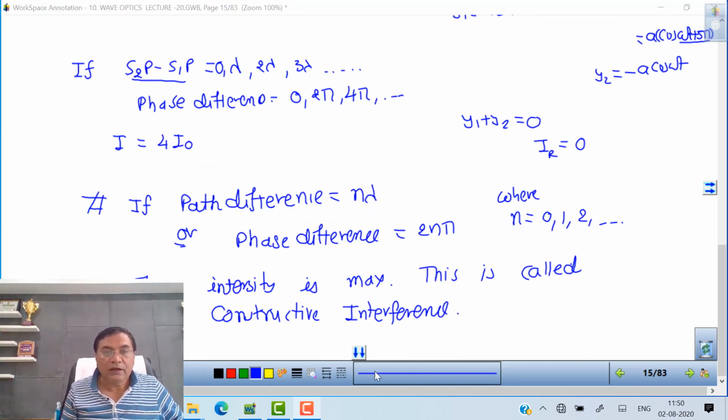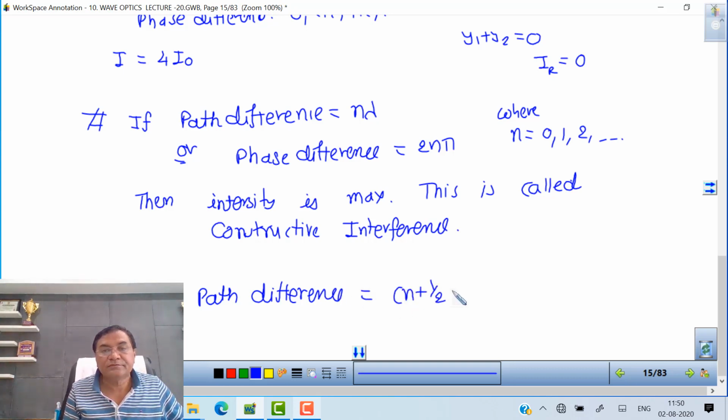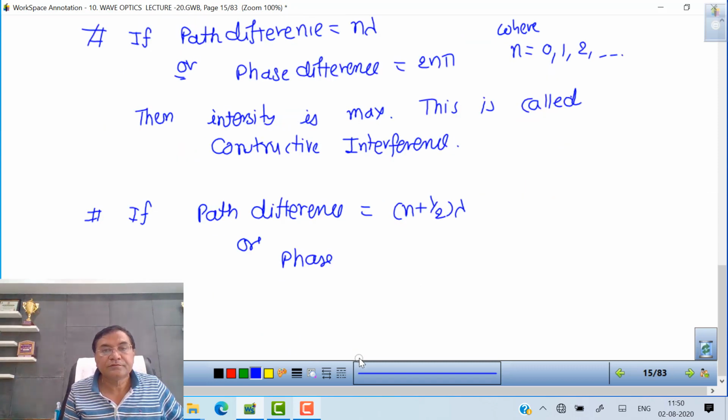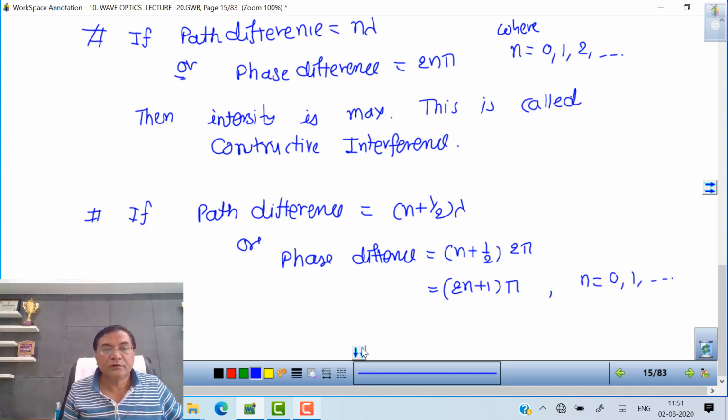And moving ahead, if it is not like this, if path difference is equal to n plus half lambda, or phase difference is equal to, lambda corresponds to 2 pi, so n plus half times 2 pi, or we can say 2n plus 1 pi, n starting from 0, 1 and so on.